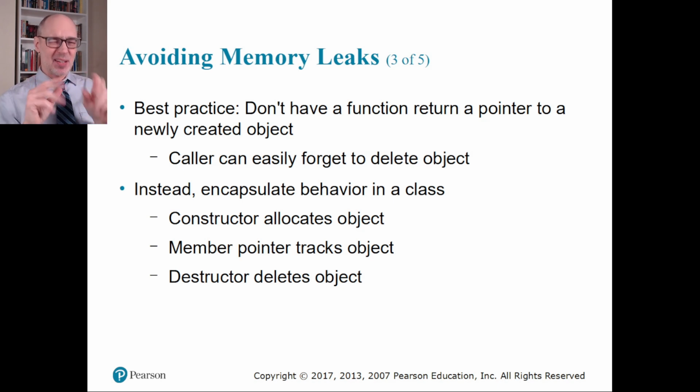In practice you really want to avoid this. Don't have a function that dynamically allocates an object and then returns a pointer, because the problem is whoever called it has to know that it's their responsibility to delete it and has to remember to actually delete it at the right time.